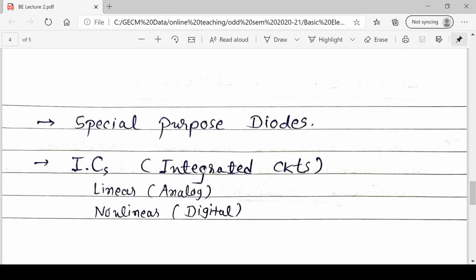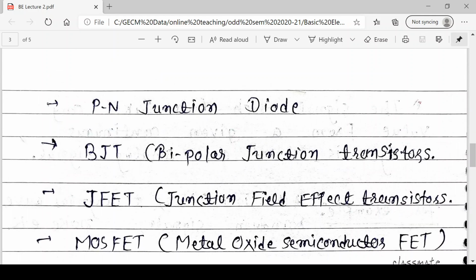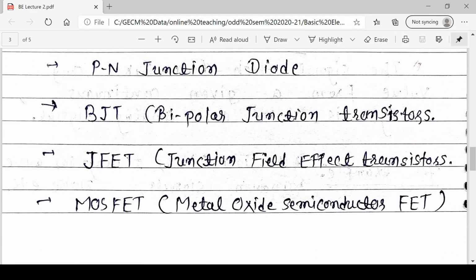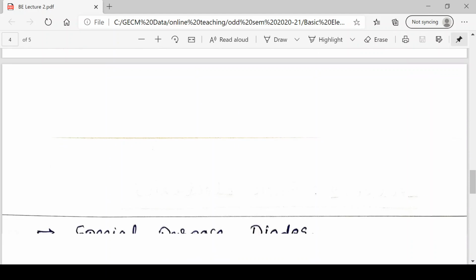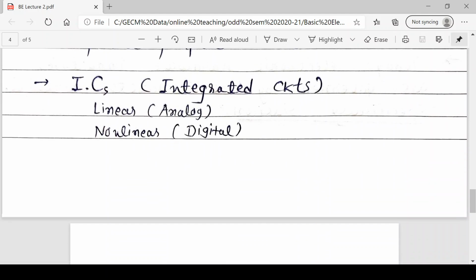These ICs can also be made from semiconducting devices. The ICs may be linear or non-linear. Linear means analog ICs, non-linear means digital ICs. You will get the detail in future topics. So these all are electronic devices: diode, transistor, JFET, MOSFET, special purpose diodes, integrated circuits.